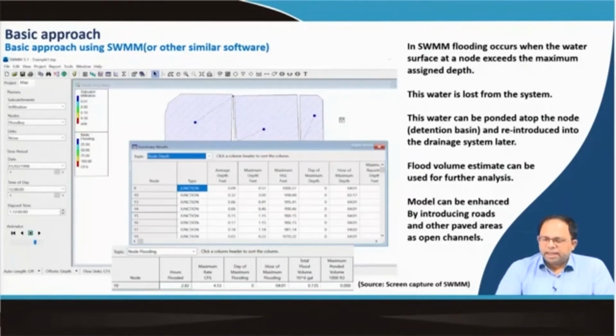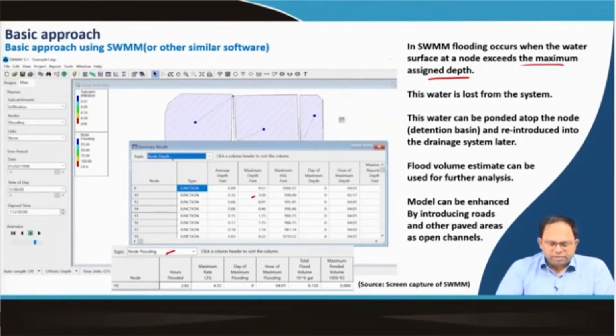In SWMM, flooding occurs when the water surface at a node exceeds the maximum assigned depth of that particular node. We have already seen the node depths at every junction, the average node depth, and the maximum depth is 0.3 feet, and if it exceeds the ground level, then probably there would be flooding.